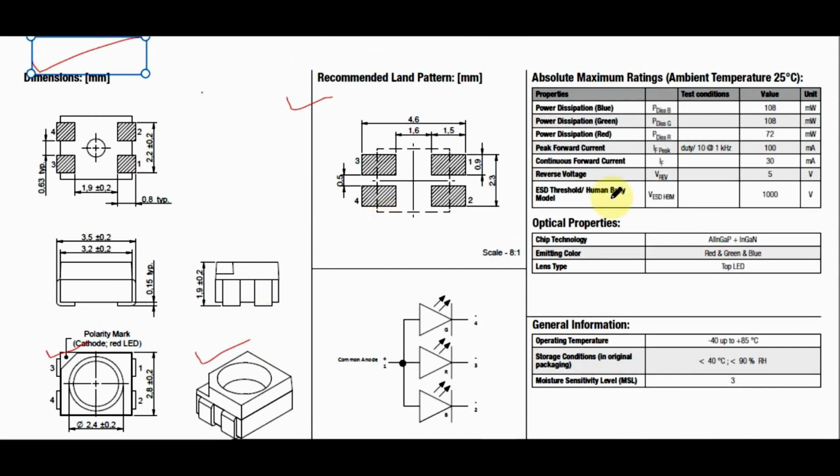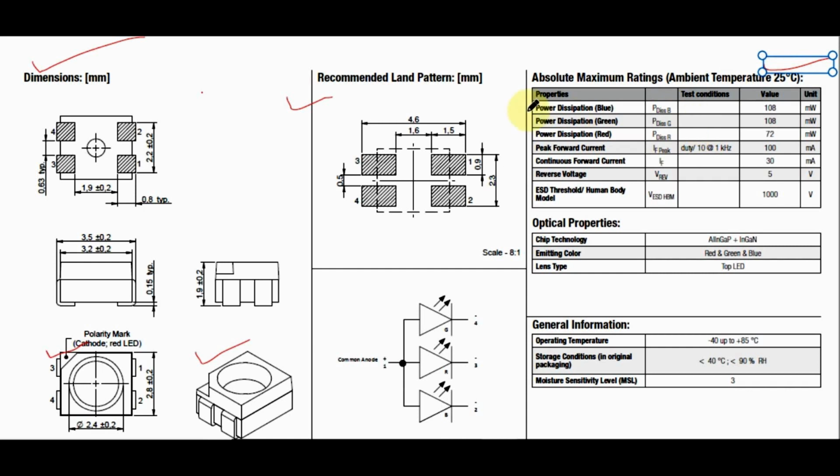So let us have a look at the absolute maximum rating. This rating is defined at 25 degree centigrade. If you operate your LED above 25 degree centigrade, it will start derating.